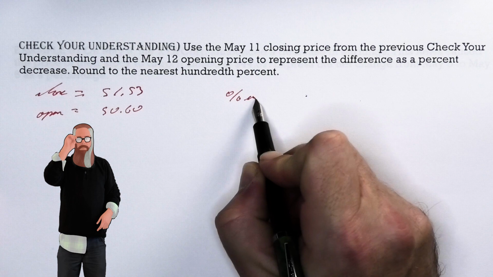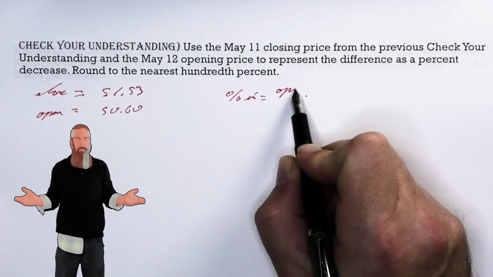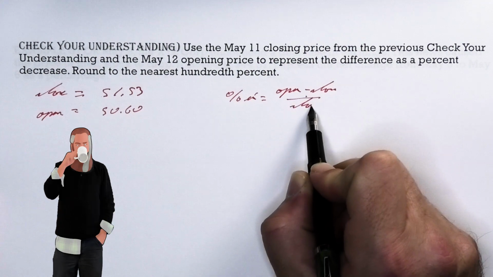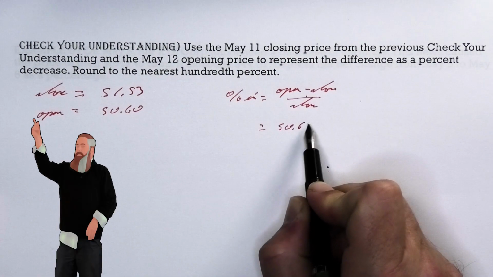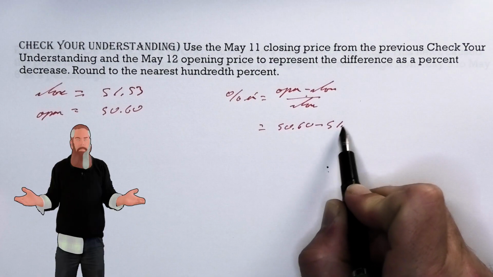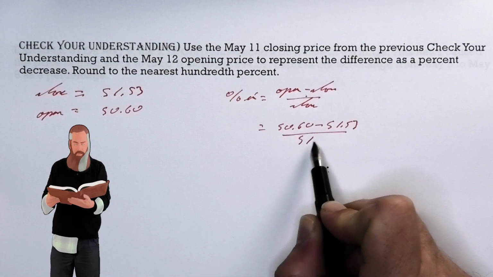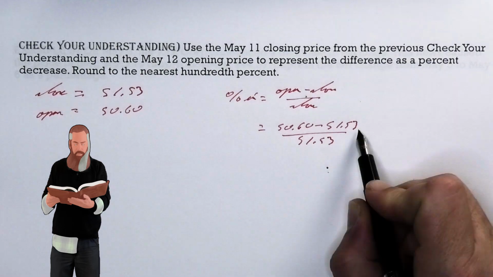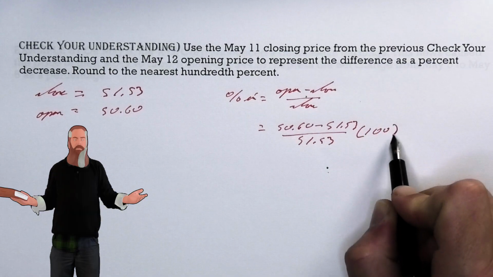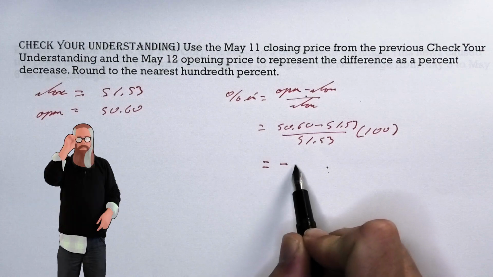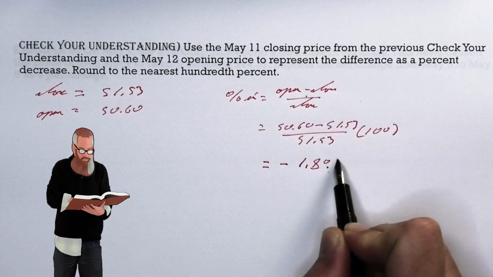So the percent of increase would be equal to the open minus close divided by close, giving us $50.60 minus $51.53 divided by $51.53, all multiplied by 100 to get a percent. And because this is decreasing, we're going to get a negative 1.8%.